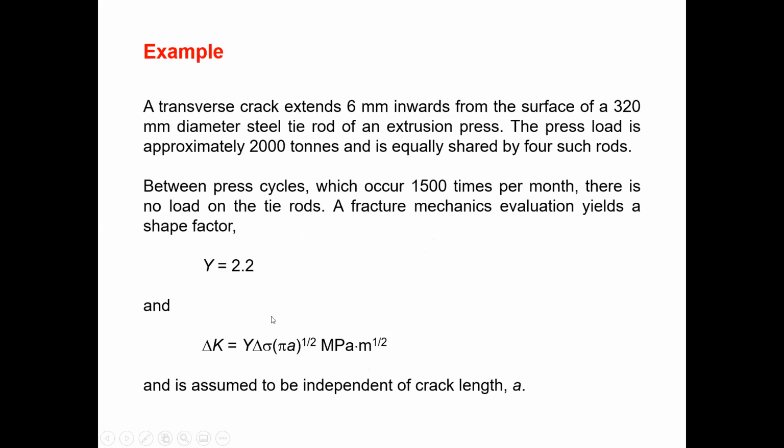So this is the example. With this example, you will understand how we can deal with the Paris equation and other equations. I will read the question and explain, so listen carefully. A transverse crack extends 6 millimeters inward from the surface of a 320 millimeter diameter steel tie rod of an extrusion press.